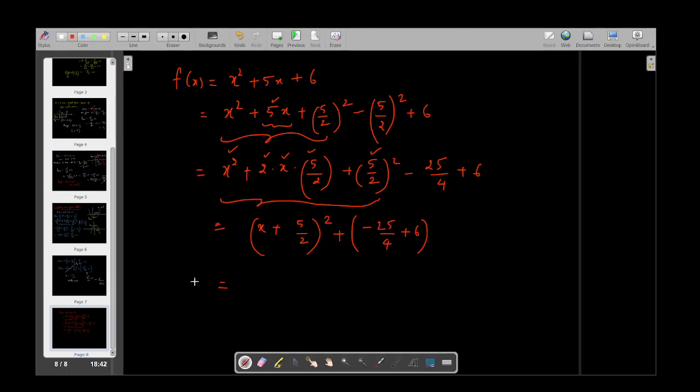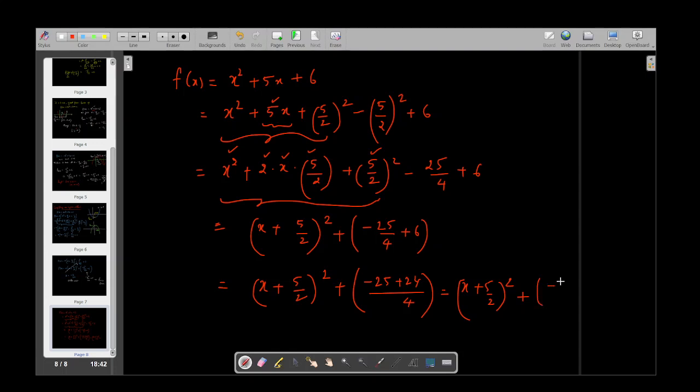So this is equal to x plus 5 by 2 whole square plus minus 25 plus 24 divided by 4. I can write it as x plus 5 by 2 whole square plus minus 1 by 4. So to vanish x, I should put x is equal to minus 5 by 2.